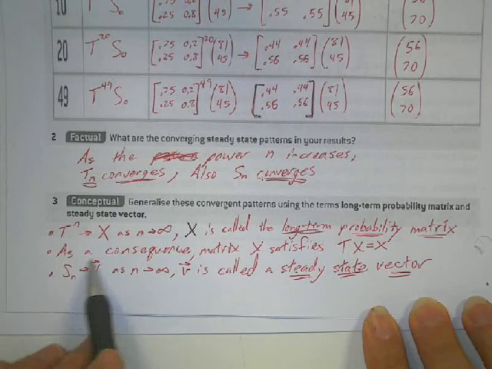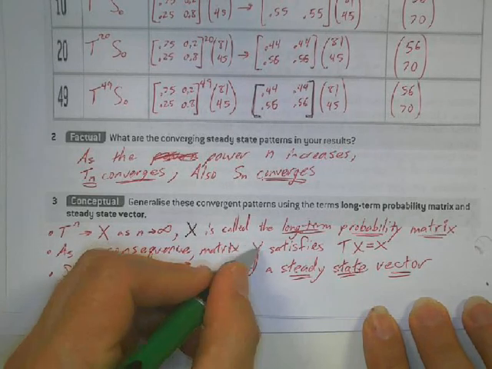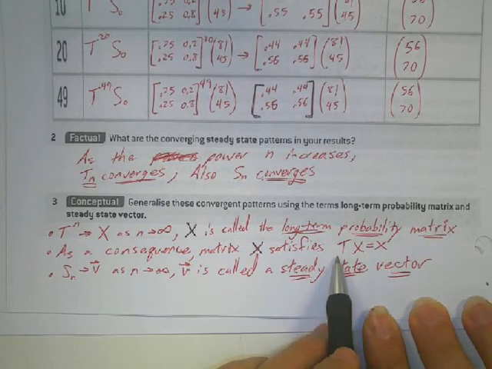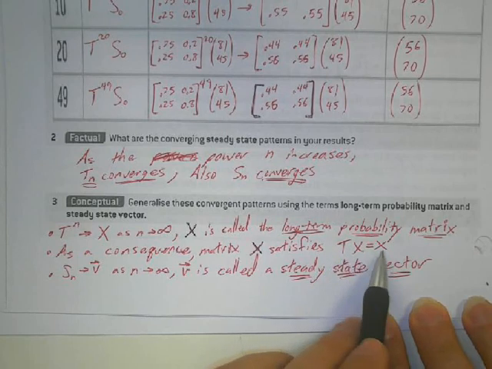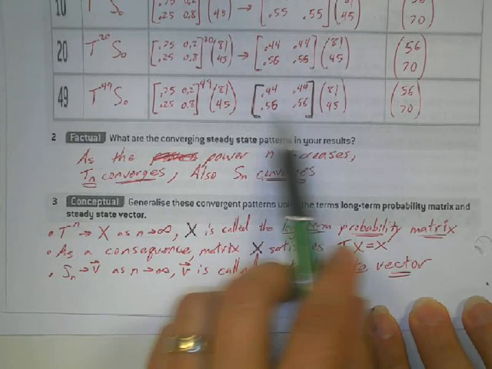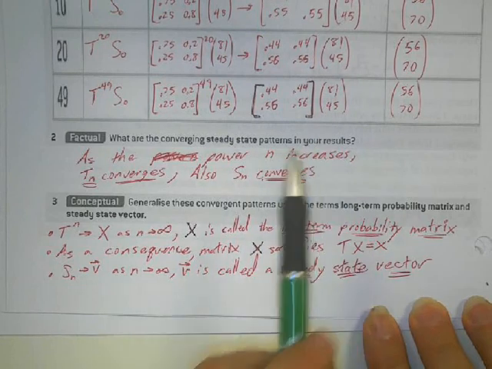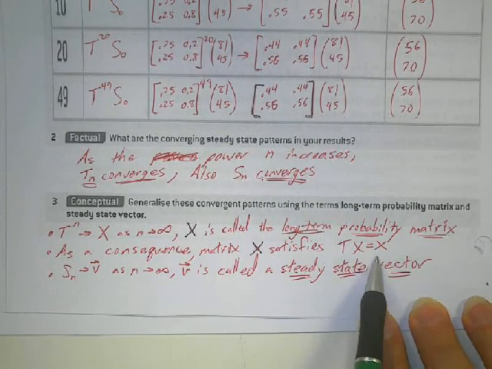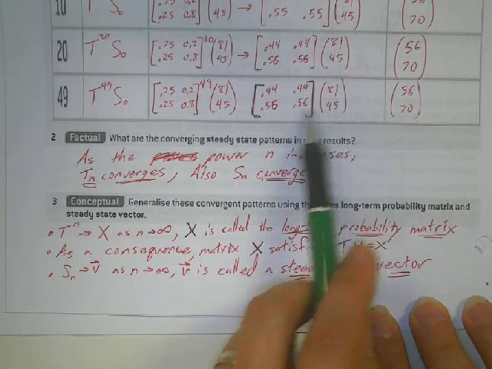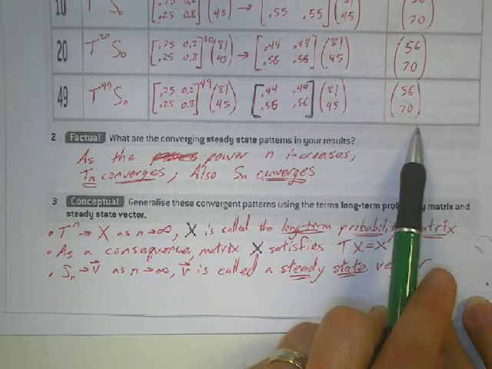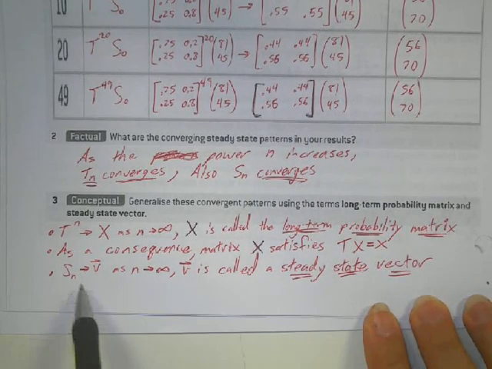As a consequence, matrix X satisfies that my transition matrix times X is going to give me the same thing. So an example of that: here is my transition matrix times this value, which is going to give me my long-term probability matrix.